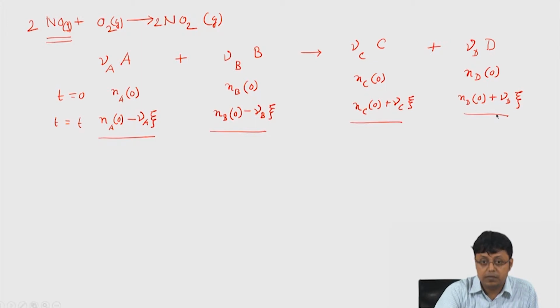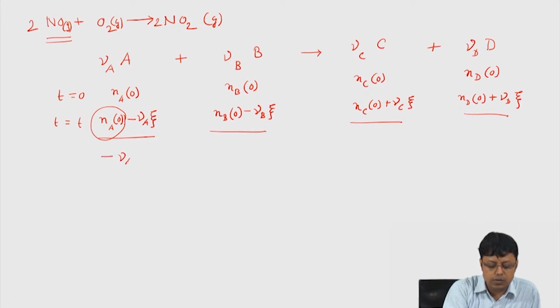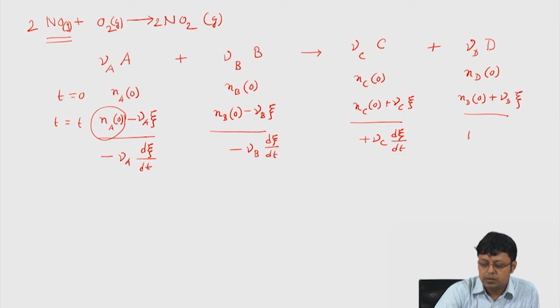If we take the derivative, the initial values will not appear because they are just constants. So, what we will have is minus nu A d xi/dt, minus nu B d xi/dt, here we will have plus nu C d xi/dt, and here we will have plus nu D d xi/dt.